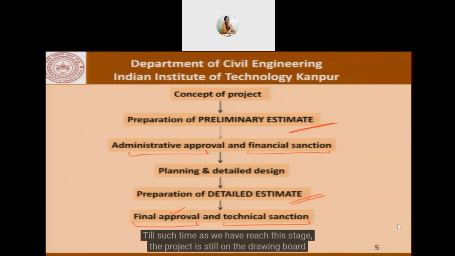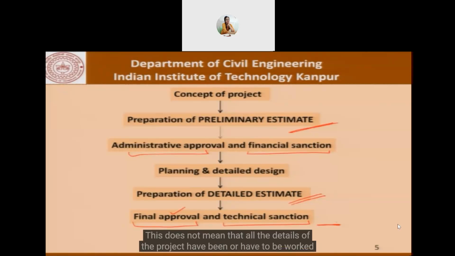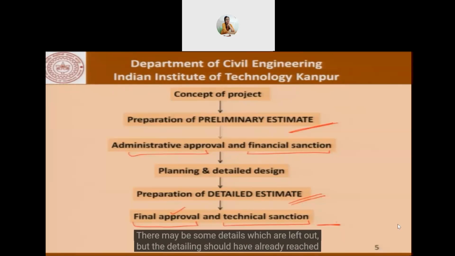Till such time as we have reached this stage, the project is still on the drawing board alone. This does not mean that all the details of the project have been worked out before the execution starts. There may be some details which are left out, but the detailing should have already reached a stage wherein a very accurate estimate can still be made.